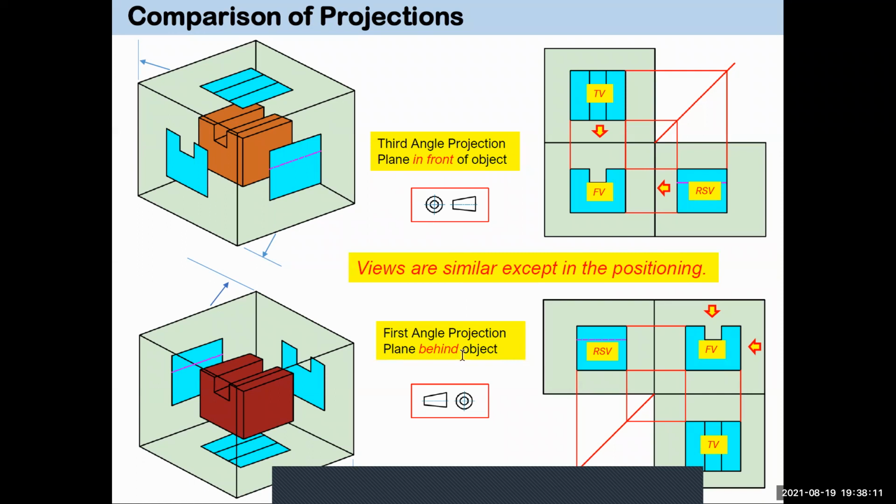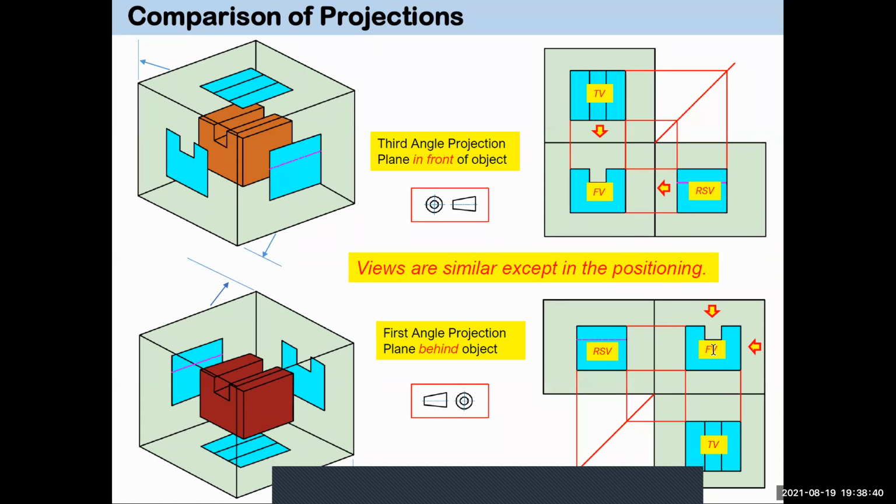In first angle, it's not as straightforward. From the front view, you're looking from the front, but for the view on the right side, you kind of shine through the object. Both the top and the bottom are the same, but as you can see, the right side view is on the left side of the front view for first angle.